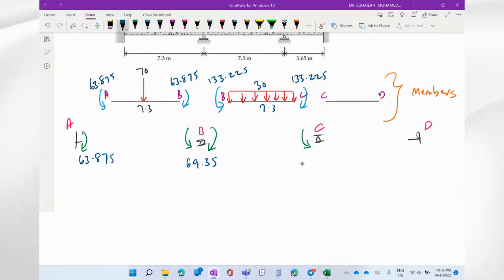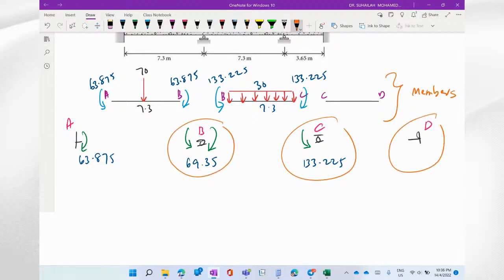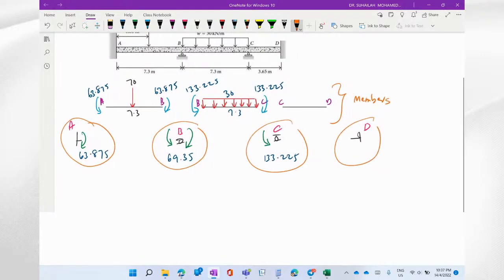This one is negative 133.225, negative because of the sign. So this will be 0. This is the joint moment. Okay, this is actually what is happening in the table. And this is for the joint.